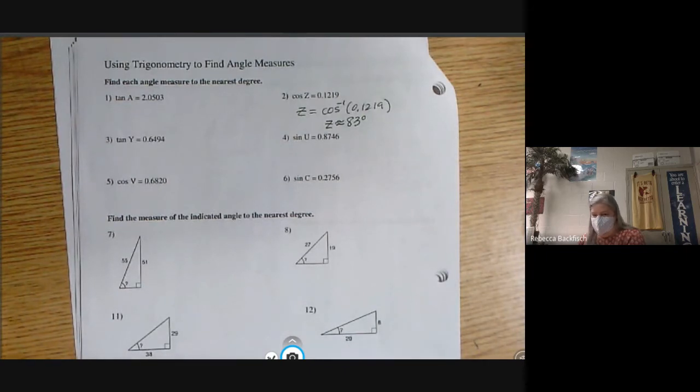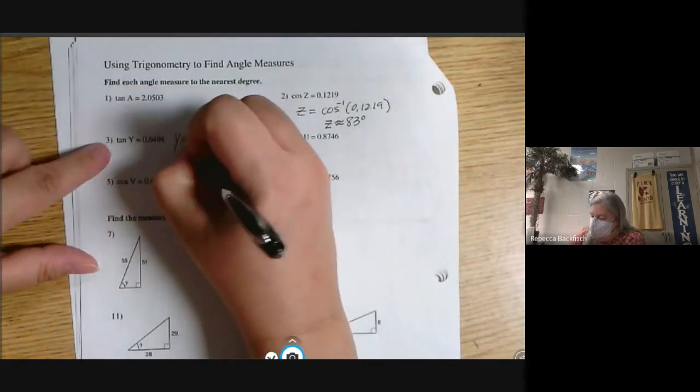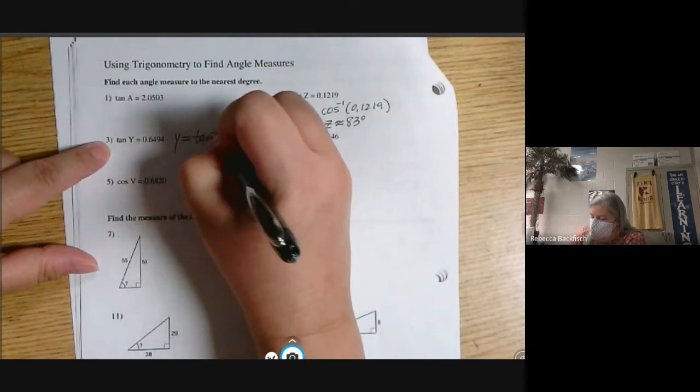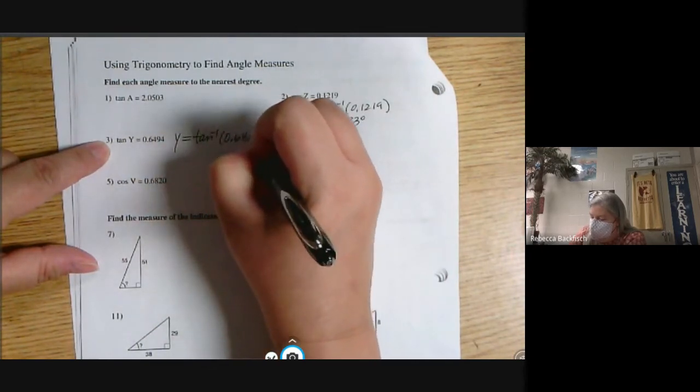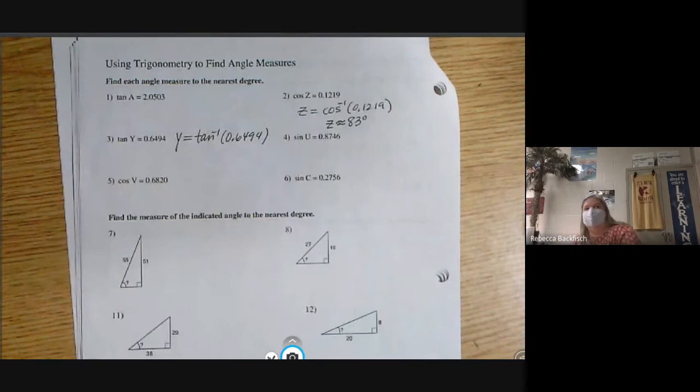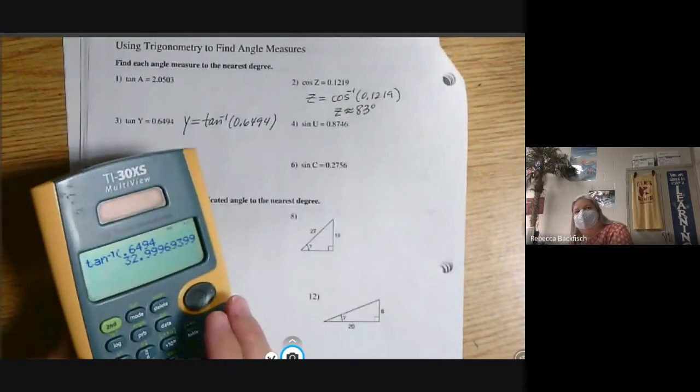Okay, there we go, 33. That's exactly what I got. Good. So here you get y is inverse tan of 0.6494. That's what goes in your calculator. And that's what you get, about 33 degrees. Good.